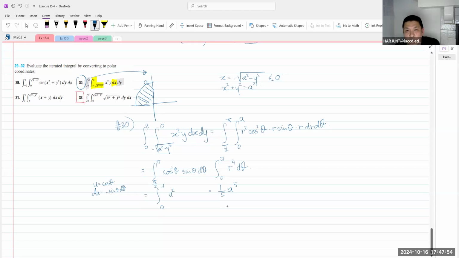This is u squared, and this is negative du. That's the integral from negative 1 to 0 of u squared du times a to the 5th over 5. So that is 1/3 u cubed from negative 1 to 0 times 1/5 a to the 5th.